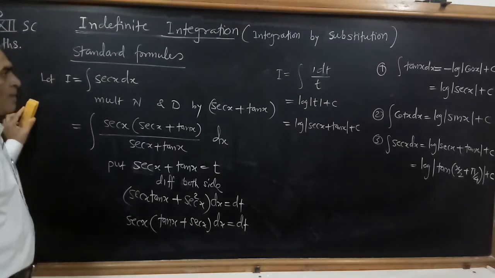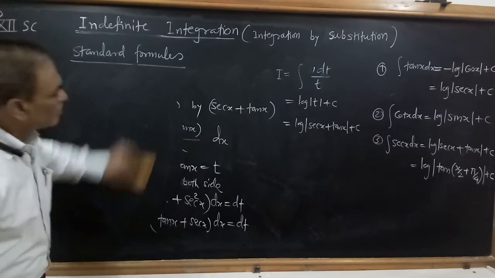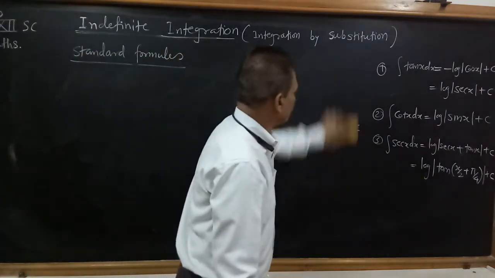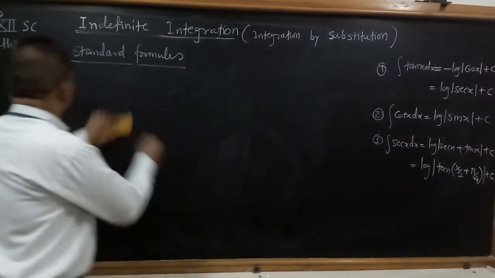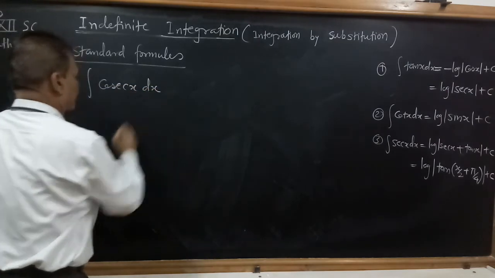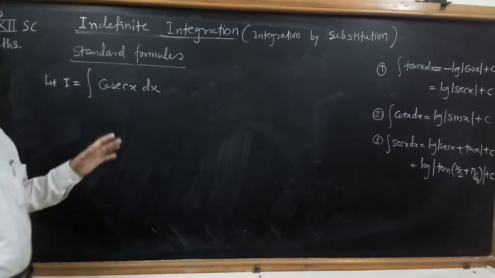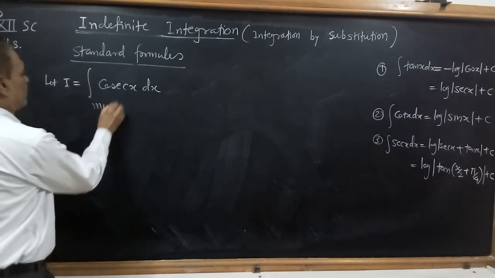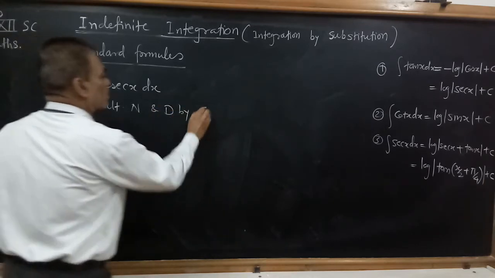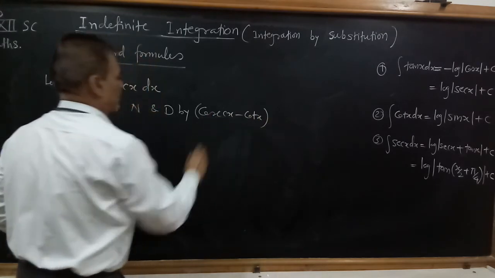And last formula, you can prepare integration of cosec x dx. Integration of cosec x dx means what? Let I equal to integration of cosec x dx. Multiply numerator and denominator by cosec x minus cot x.